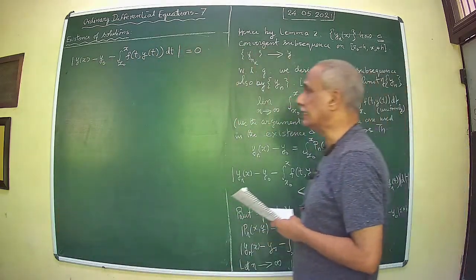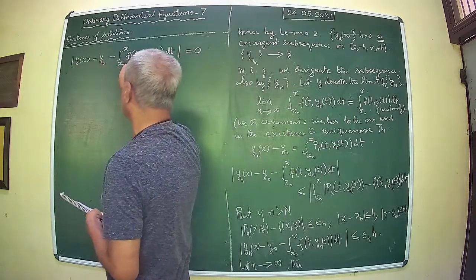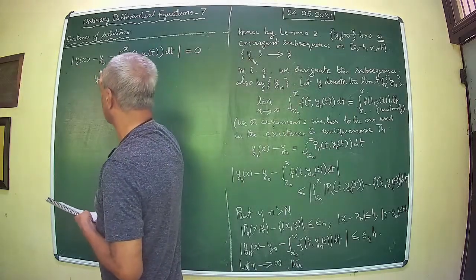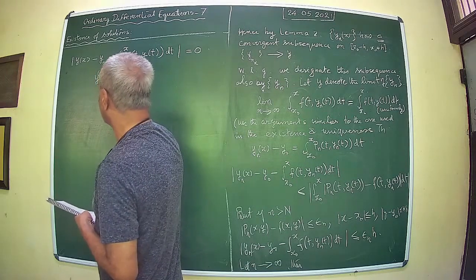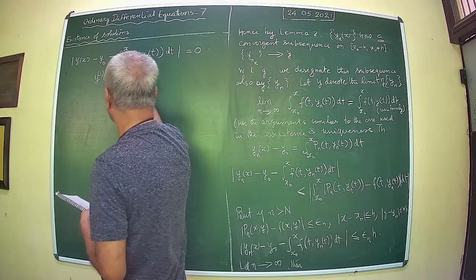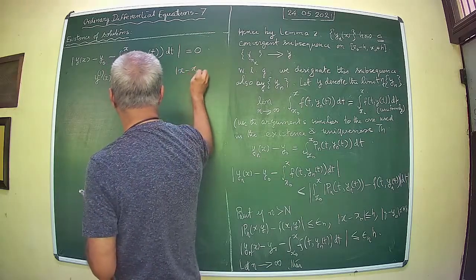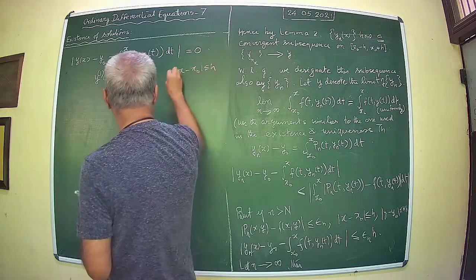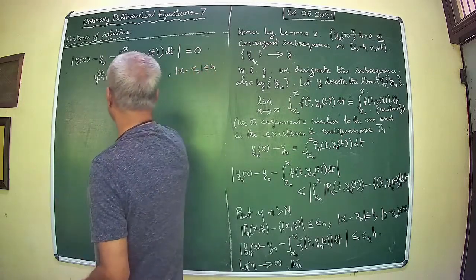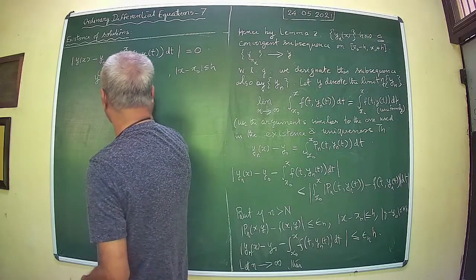And that in turn tells you two things. One, of course, y is differentiable and the derivative is f; that is one thing. And you also have y x naught equal to y naught.